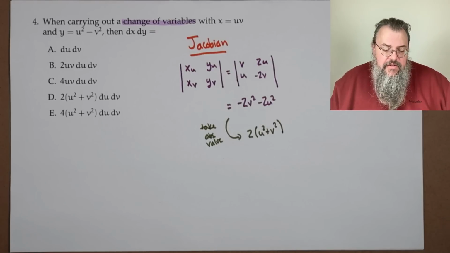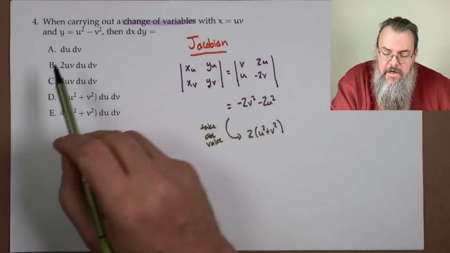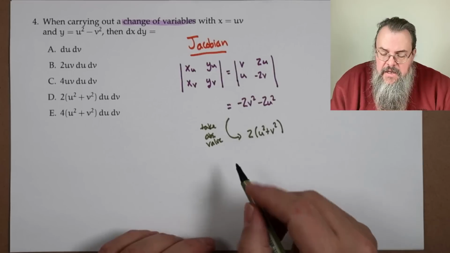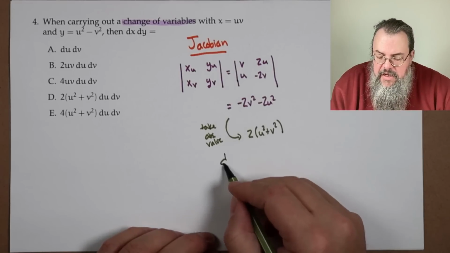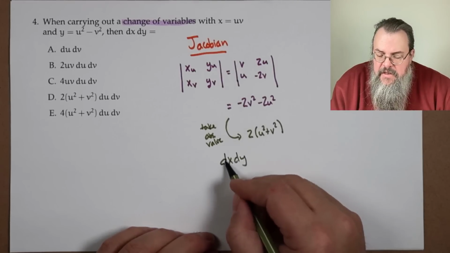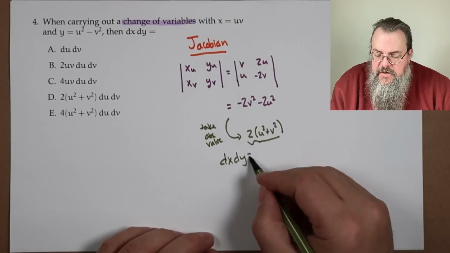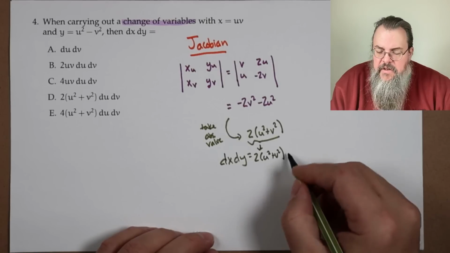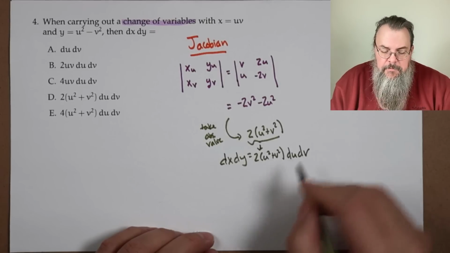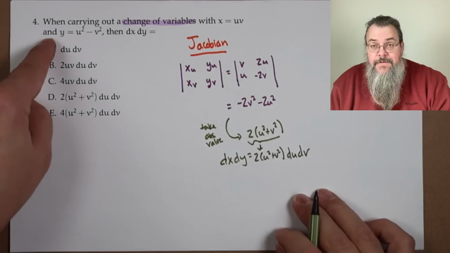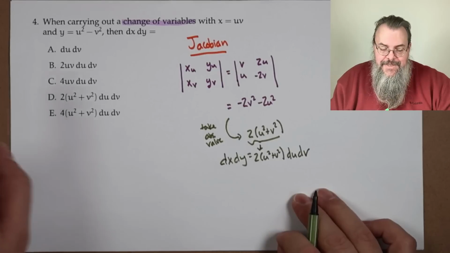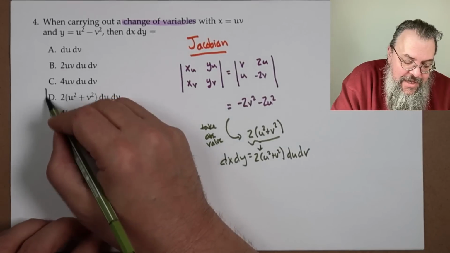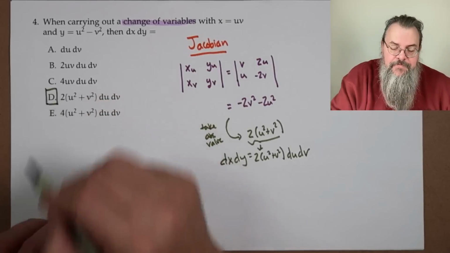Well, this tells us that if we're switching from x and y, when we take our Jacobian, this is a function of u and v, and it really says that dx dy is this expression here, 2 times u squared plus v squared, du dv. And now we check, is that one of our options? It is, and we're done. Okay, so the answer is D.